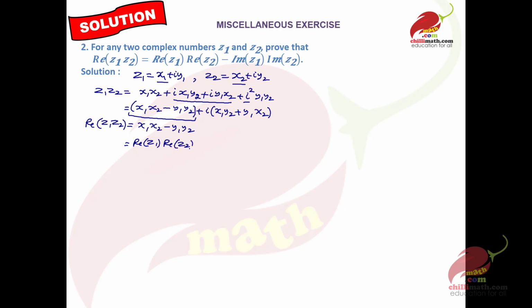So we can write it as real part of z2 minus y1, which is the imaginary part of z1, and y2 is the imaginary part of z2. So we are writing it like this, which is our right hand side. So our left hand side is equal to right hand side. That is your answer.